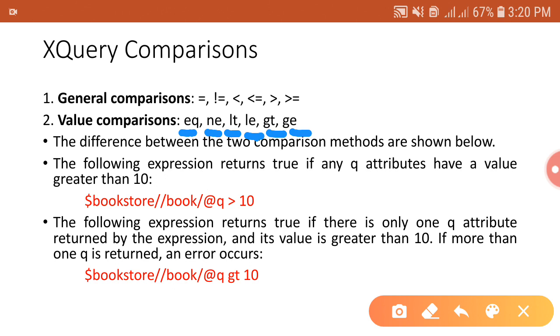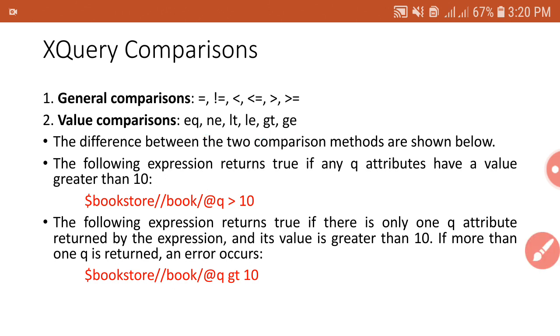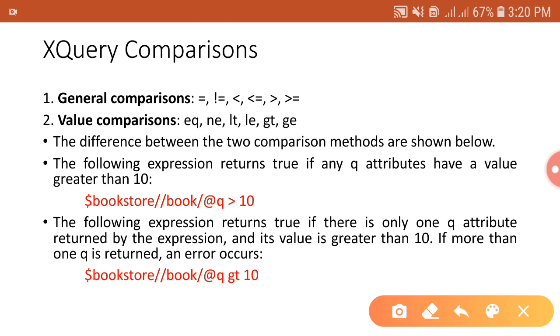Now let's see difference between these two, general comparison and value comparison. See the first example here. This expression returns true if any Q attribute in book has value greater than 10. Here any is used. If any Q attribute in book has value greater than 10, then this expression will return true.